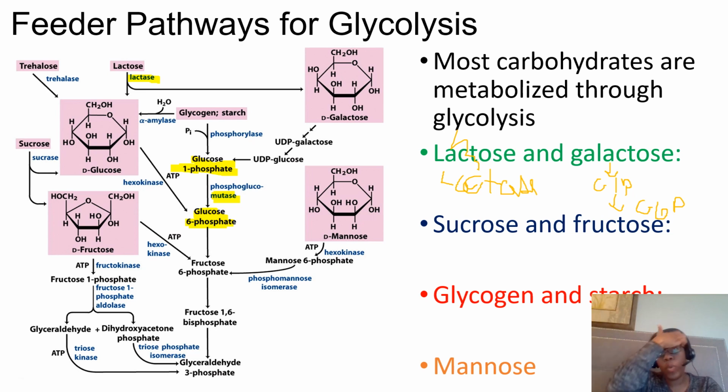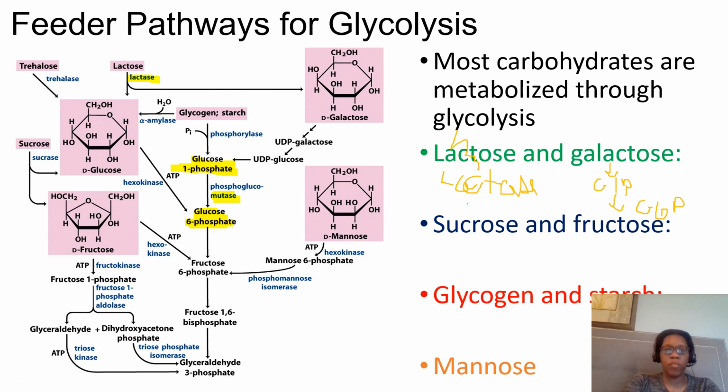Okay, so then what about sucrose? You memorize the structure of sucrose, so you know that it is a disaccharide of glucose and fructose. So we get that in our mouths or in our stomach, and then it gets broken down.